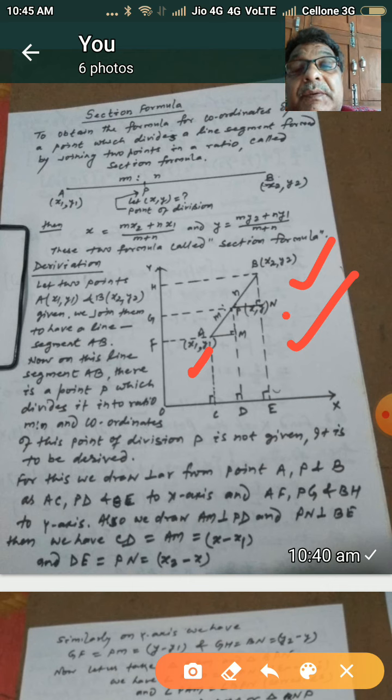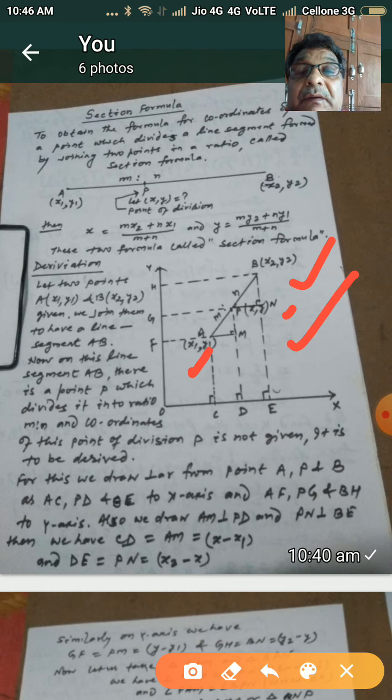Now a point P on the line segment AB, whose coordinates are not known but we have presently supposed as (x, y). Now we will draw the perpendicular AC from A on the x-axis, PD from P again on the x-axis, and BE from point B on the x-axis.